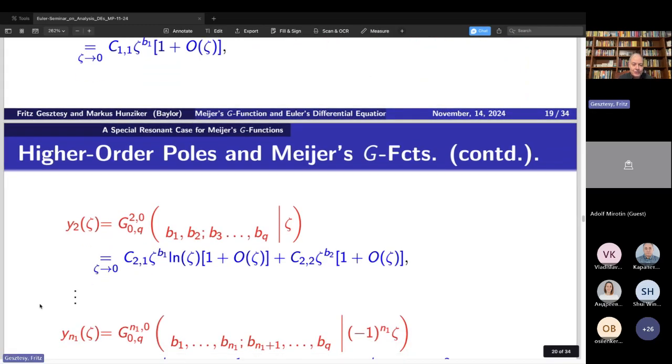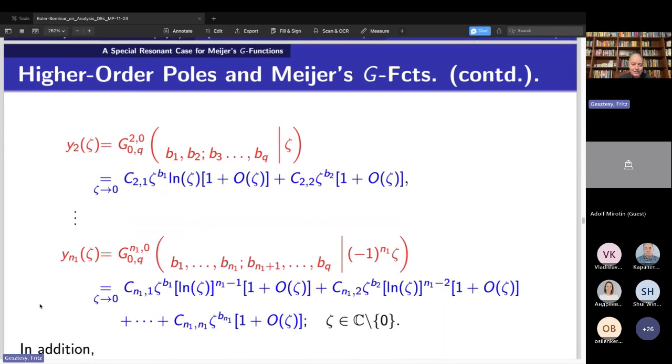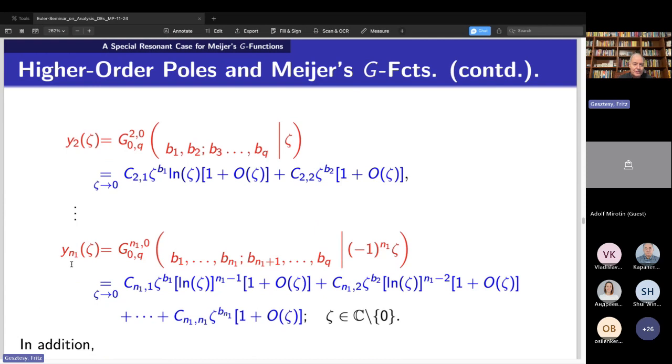And then this goes on to the end of this first congruence class, so n1, where I also have the n1 minus first power of a logarithm, and then lower order terms and so on, all the way down to no logarithm. So this is a way of representing the n1 linearly independent solutions coming from the first congruence class.